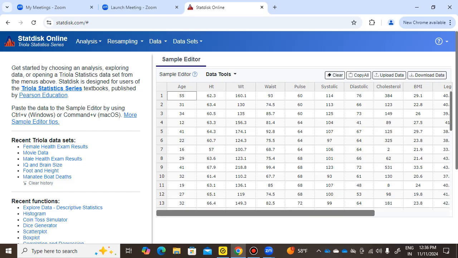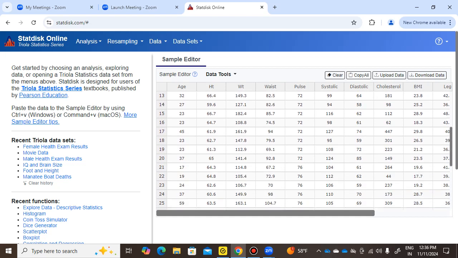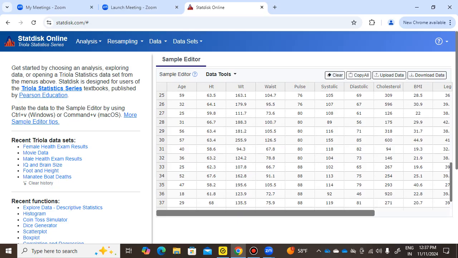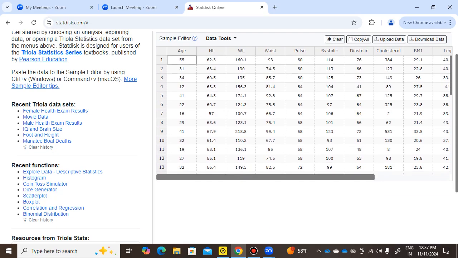Yes. 4, 5, 68s. And 3, 6, 7, 8, 72s. And 5, 6, 76s. Yep. And then 4, 5, 6, 80s. Yep. And 5 88s. Alright, yep. This is the column we want.